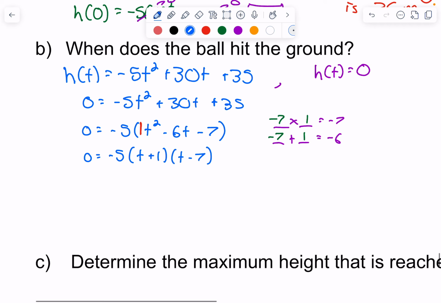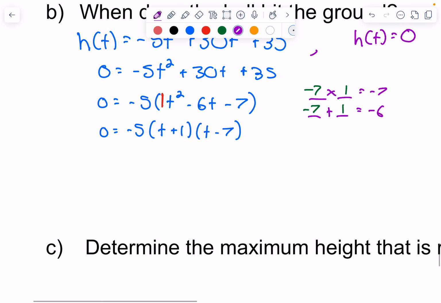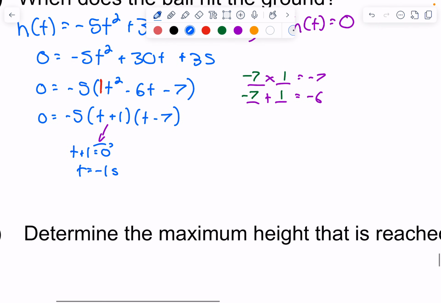Well, when does the ball hit the ground? You're looking for time, t. So you have t plus 1 equals 0. Bring that over: it would hit the ground at t equals negative 1 seconds, which is not possible. Time can't be negative. Or you have t minus 7 equaling 0. Bring the 7 over: t equals 7 seconds.